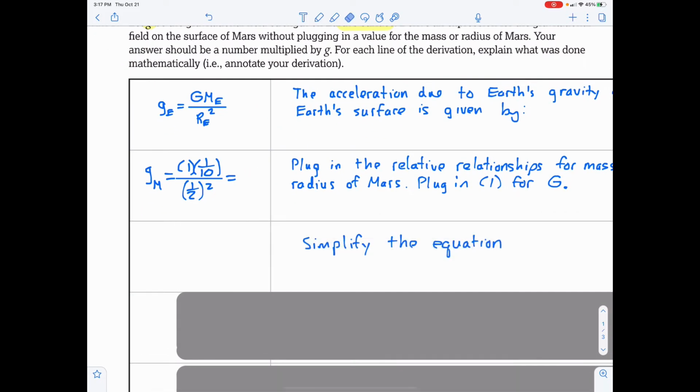The next part, we simplify the equation. So we have g on Mars is equal to 1/10 on top over 1/4.